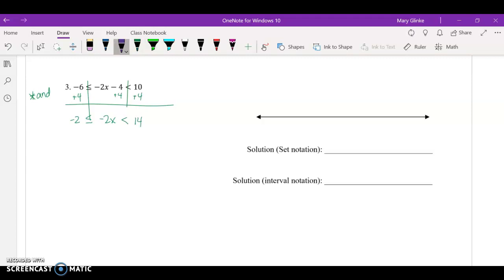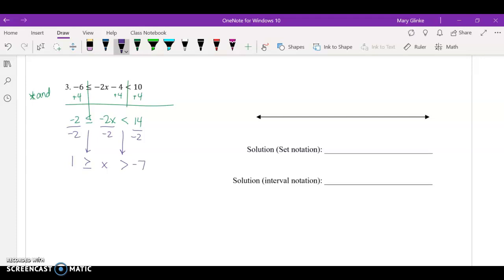Then I'm going to divide everything by negative 2. And some sort of alarm should go off in your head right now because we're dividing by a negative. So when we divide by a negative, we have to switch our signs. Now we have to switch both of our signs for this one. So 1 is greater than or equal to x, which is greater than negative 7.